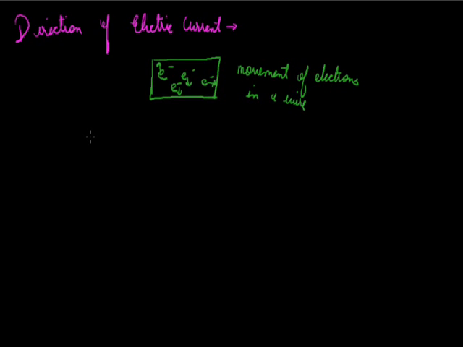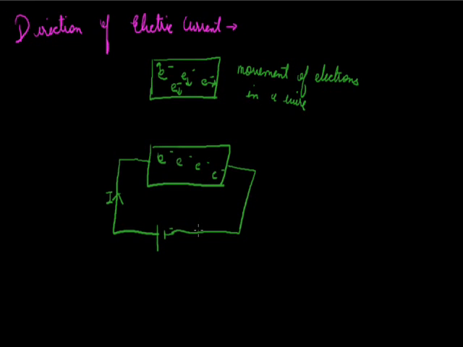But when the same wire is connected to a cell or battery, then the electric force acts on the electrons present in this wire. Due to the negative end of the battery, these negatively charged electrons are repelled. So, these negatively charged electrons in a wire, when connected to a battery or a cell, move from the negative end to the positive, which implies that the direction of flow of electrons is just opposite to the flow of the conventional current.